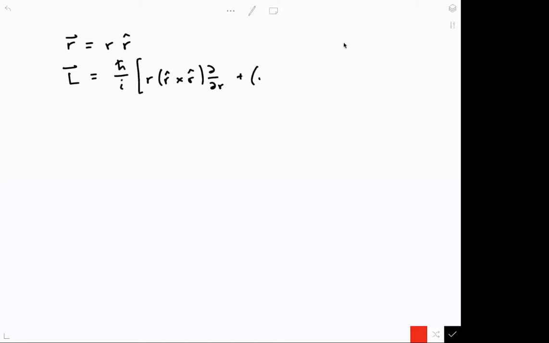R crossed with theta hat, and then d theta, and then r crossed with phi hat, and of course this r is all the way through, crossed with phi hat, and then 1 over r.